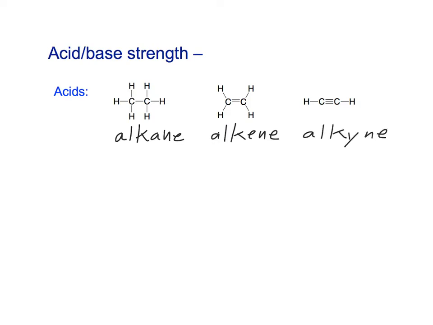All right, so what do you think it is about these three structures which would influence their acidity? The obvious difference has to do with the bonding, right? So notice that in the alkane, we have all single bonds. In the alkene, we have a double bond.